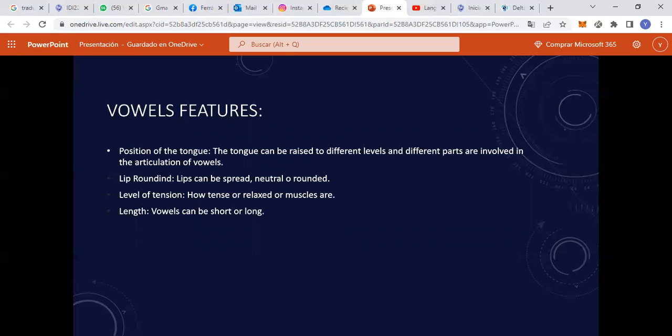About some vowel features, the position of the tongue can be raised to different levels and different parts are involved in the articulation of vowels. Lip rounding: lips can be spread, neutral, or rounded. Level of tension: how tense or relaxed the muscles are. Length: vowels can be short or long.